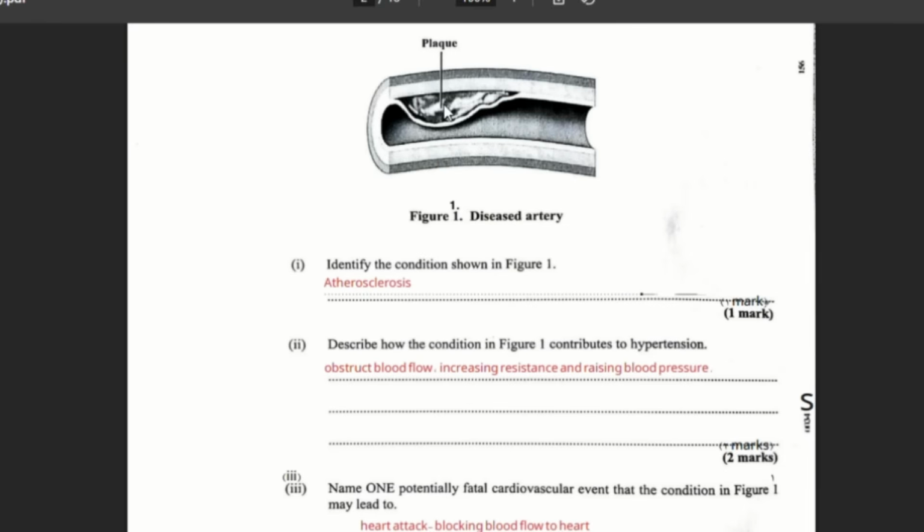So that's how we get hypertension. Hypertension is the same thing as high blood pressure. So if you see the word hypertension, don't be alarmed. High blood pressure is just the layman's term, but the medical term is hypertension.